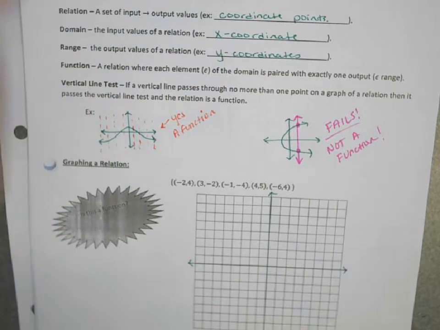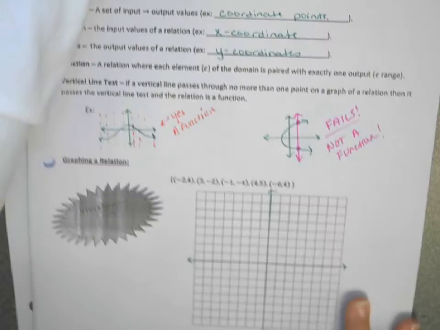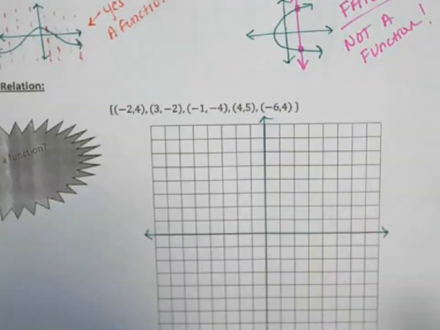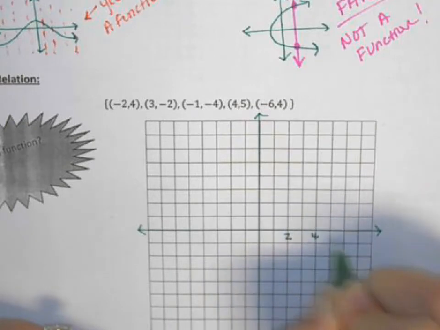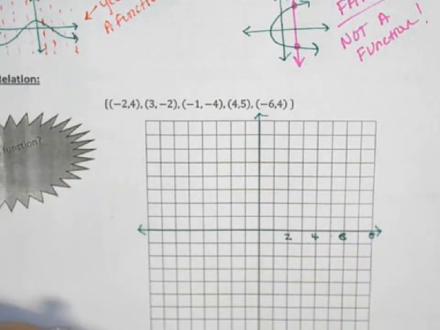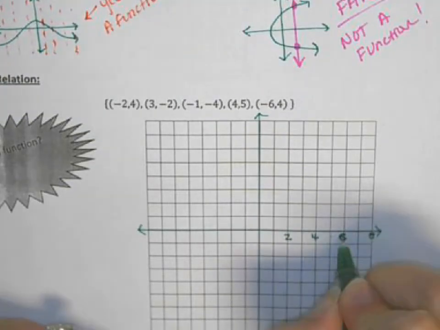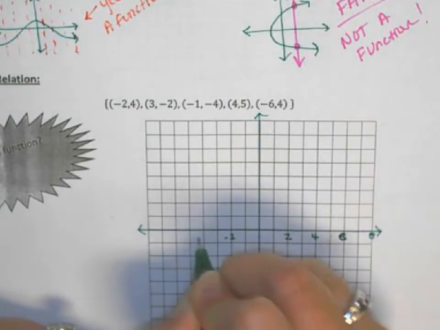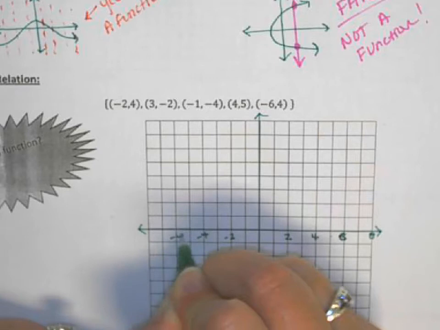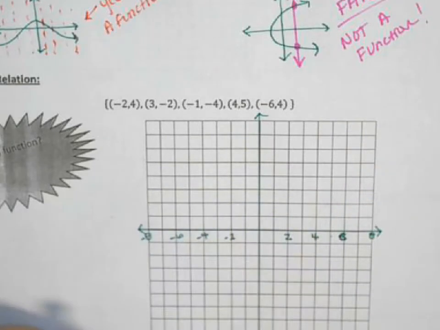I don't like to label every one though, because then my numbers get super crowded. So instead I'm going to count this as 1 and label this as 2, 3, 4, 5, 6, 7, 8. I don't label all of them, but I did count every one. Negative 1, negative 2, negative 3, negative 4, negative 5, negative 6, negative 7, negative 8.